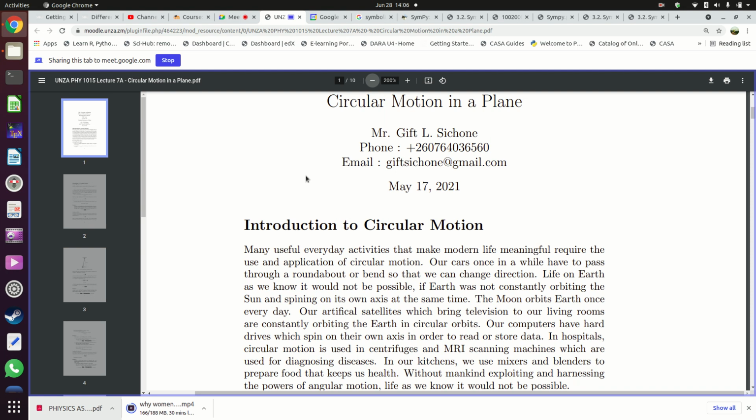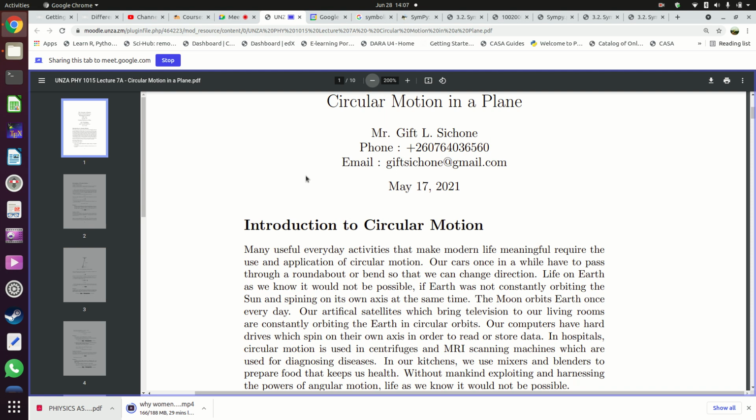The Earth also carries out two types of motion. Apart from going around in a circle around the sun, it also spins around its axis. The spinning of the Earth around its axis and also the tilt which it makes with the North Pole, the tilting of the Earth, is what makes seasons possible. So you end up having rain season, winter, summer, like right now we're in winter, and all these things.